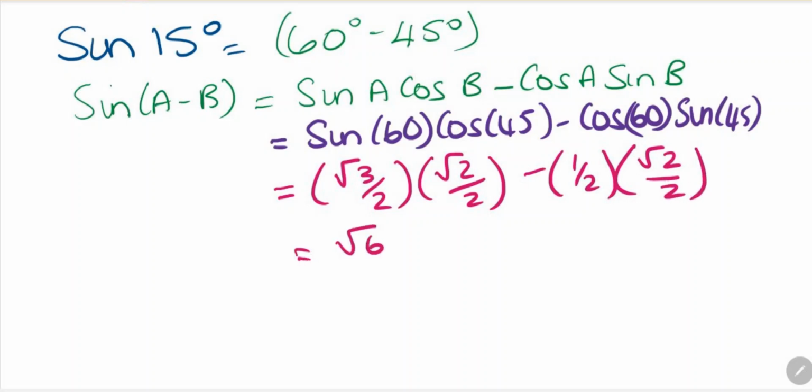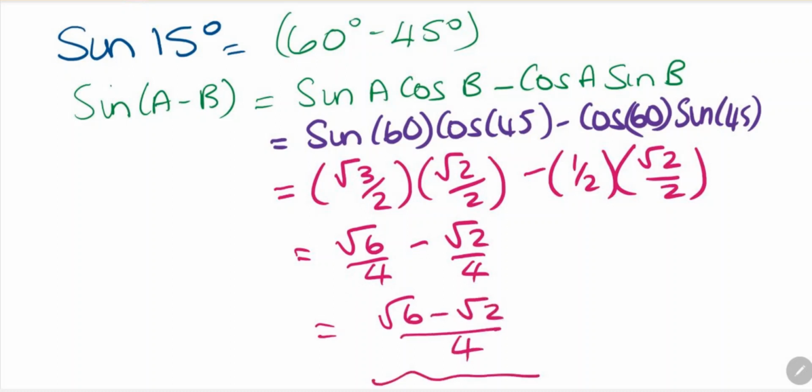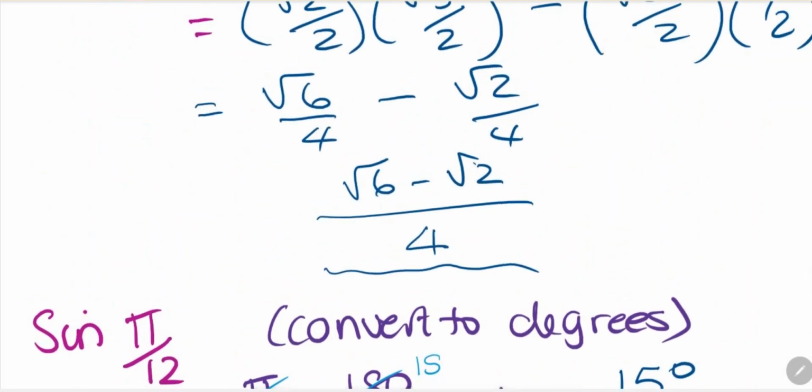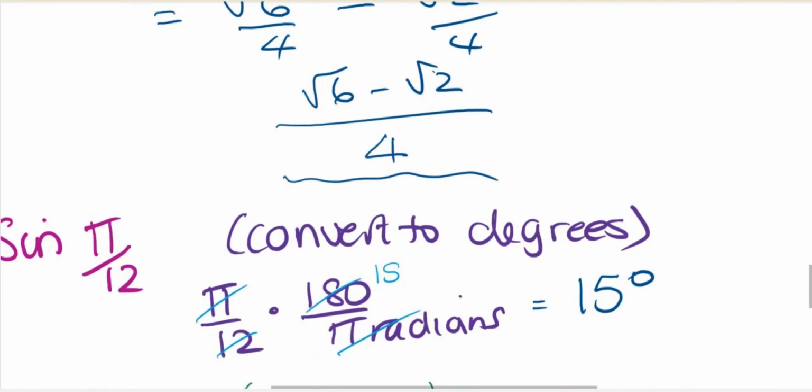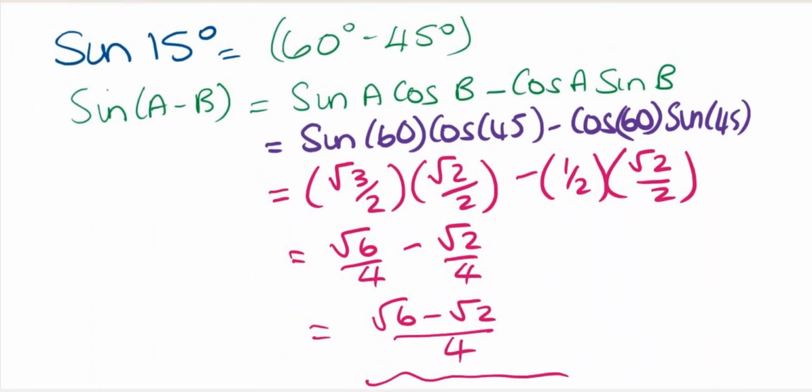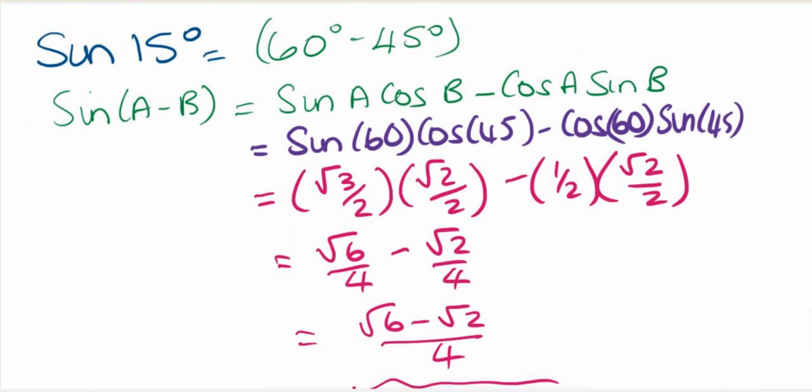If you multiply this out, we have root 6 over 4 minus root 2 over 4. So our final answer is the same as what we had before. So we can use any angles as long as they have a difference of 15 to work these out.